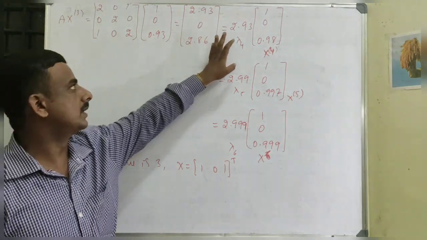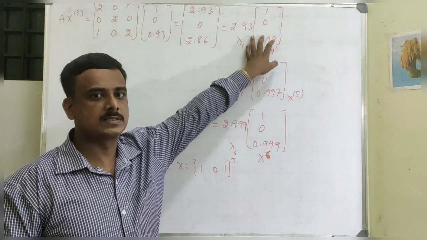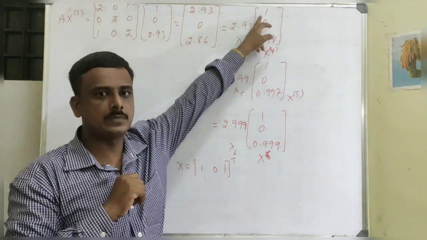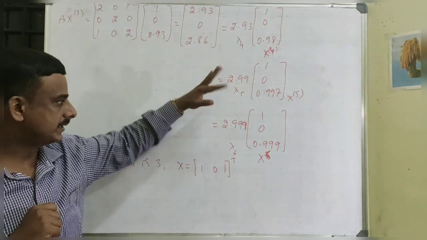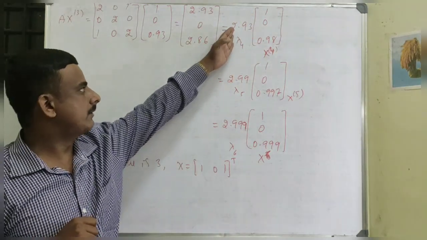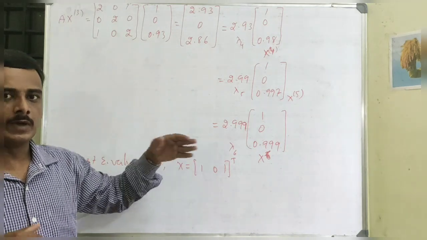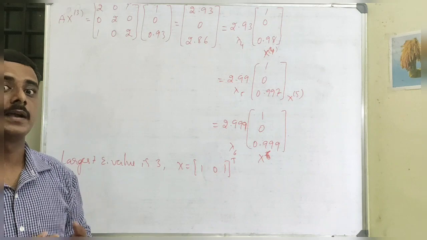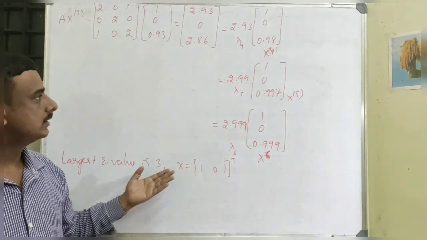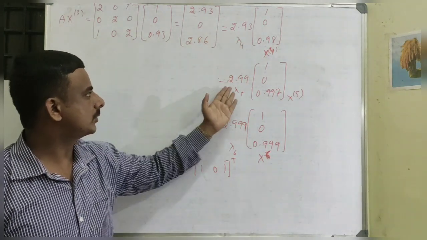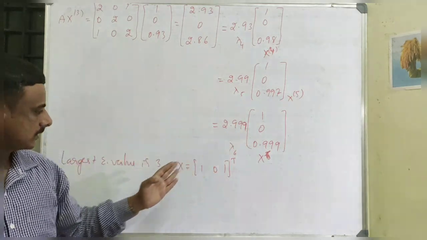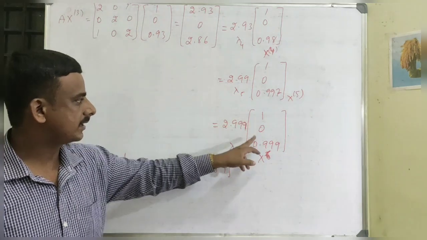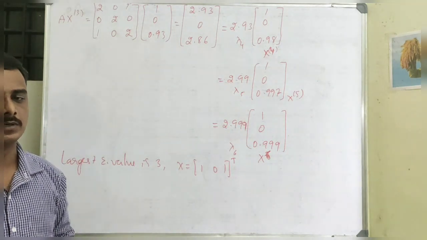That column vector should be written in the form lambda into x, taking the largest entry in that column as a common factor. Then repeating the process, look into the values of lambda. When you get successive values almost equal, you stop the procedure and write an approximate solution. Though I have 2.93, 2.99, 2.999, you can write approximately the largest eigenvalue is 3 and the corresponding eigenvector is 1, 0, 1.